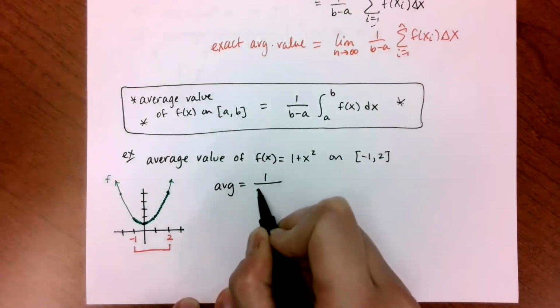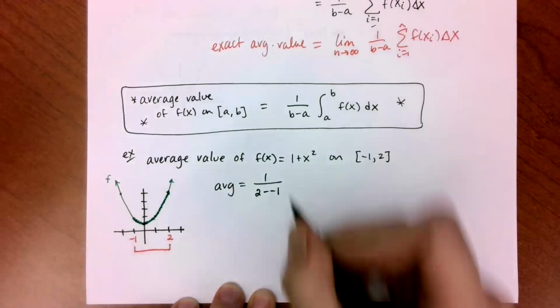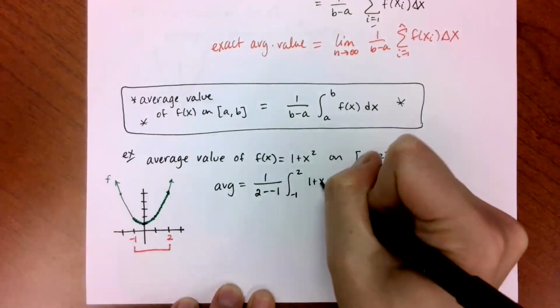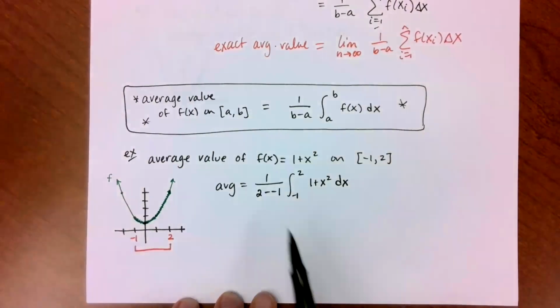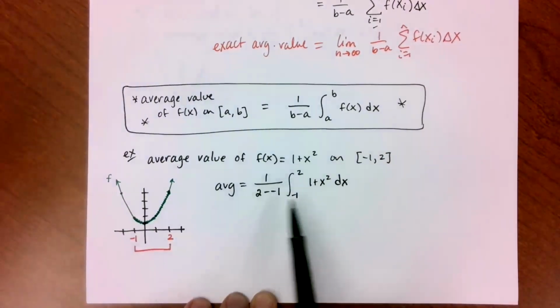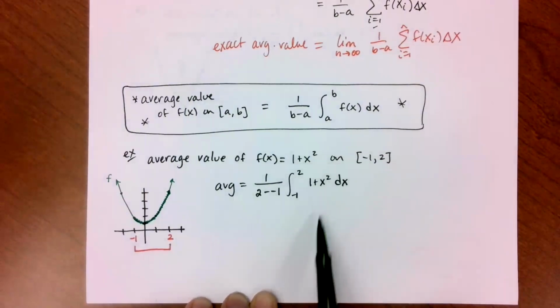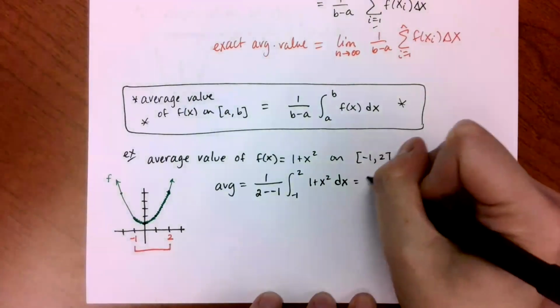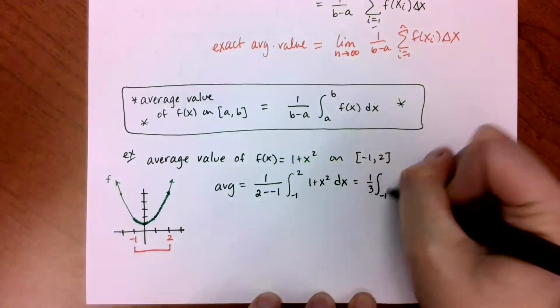All right, so our average will be 1 over b minus a, the integral from a to b of f of x. So we have 1 over the length of the interval times the definite integral of the function. And now it's just computation, right? I have 2 plus 1, or 3 rather, so I have 1/3 integral from -1 to 2.